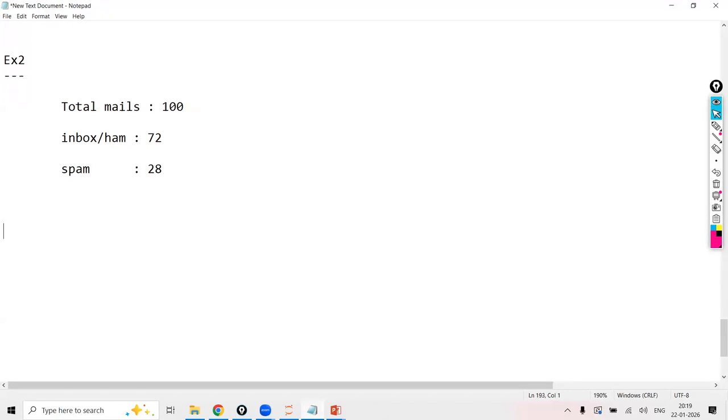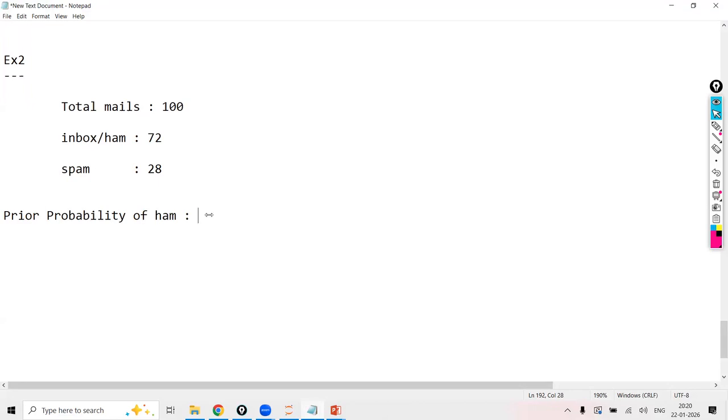Now, can you tell me what is the prior probability of ham and the prior probability of spam? Everyone, what is the prior probability of ham? Just ignore what words are inside. Total number of mails is only 100.